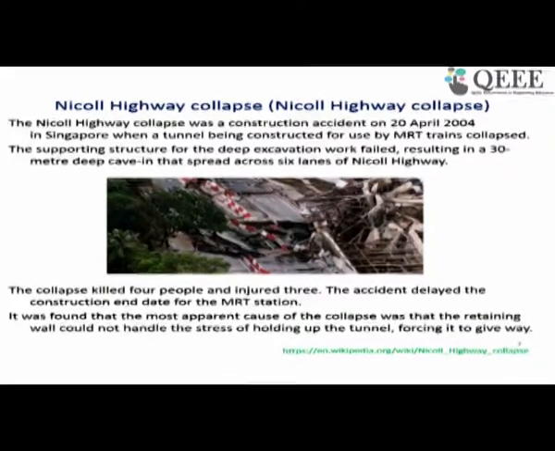Okay. The supporting structure of the deep excavation work failed, which was like a 30-meter deep cave-in that spread across the 6-lane Nicoll Highway. It was found that the most apparent cause of the collapse was that the retaining wall could not handle the stress holding up the tunnel, forcing it to give way.